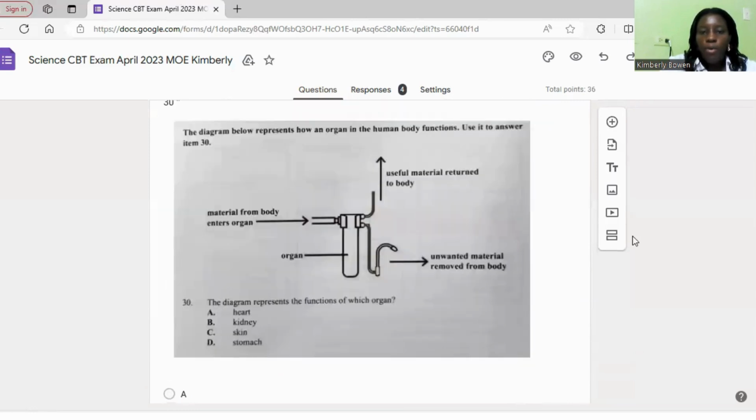The diagram below represents how an organ in the human body functions. Use it to answer item 30. The diagram represents the function of which organ? Let's look. The material from the body enters the organ. Then useful materials are returned to the body, and then unwanted materials are removed from the body, and this is the organ.